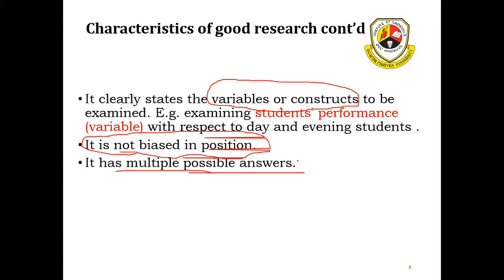Do we have any questions so far? So far, everything is clear. Everything is okay.